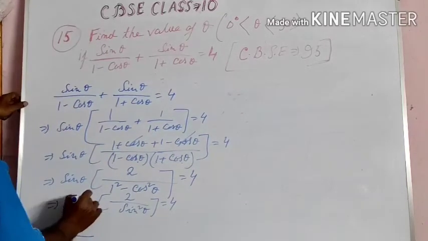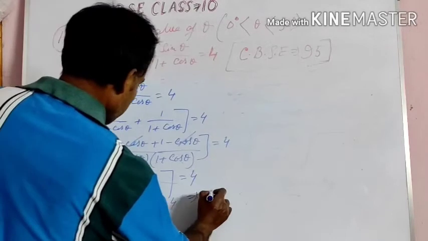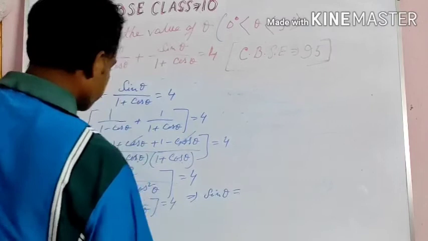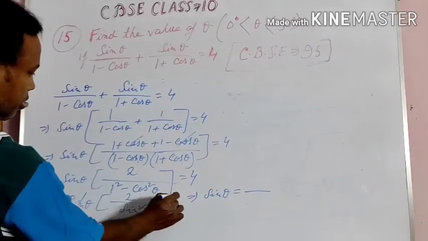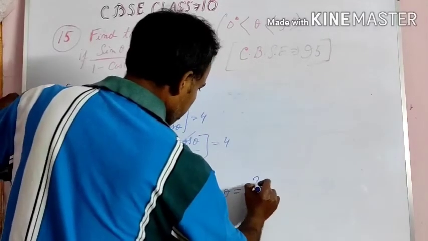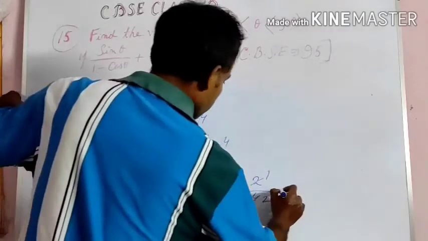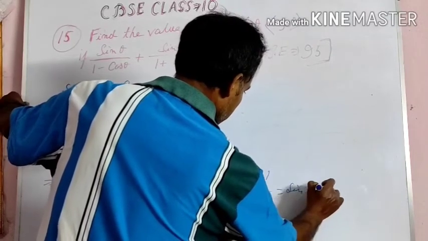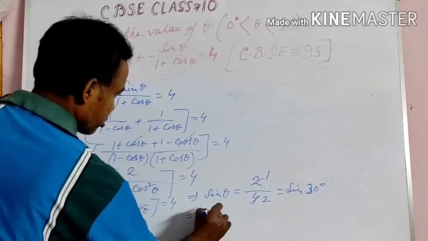Here sin theta will cancel out, or sin theta is equal to 2 by 4, cancel out, 1 by 2, or is equal to sin 30 degree. Sin 30 is equal to half, or theta is equal to 30 degree.